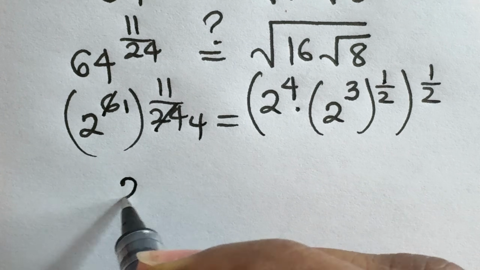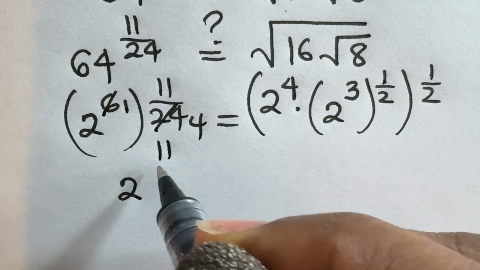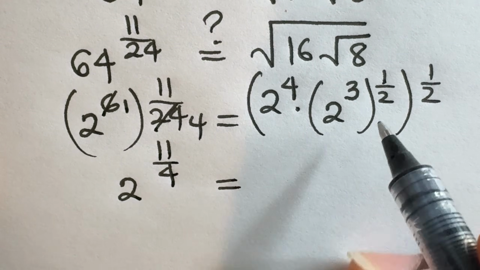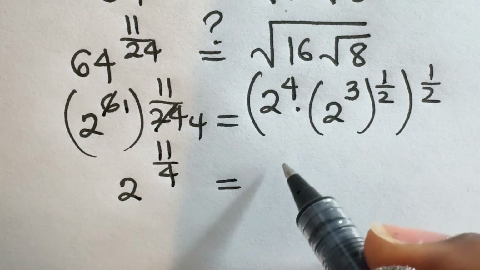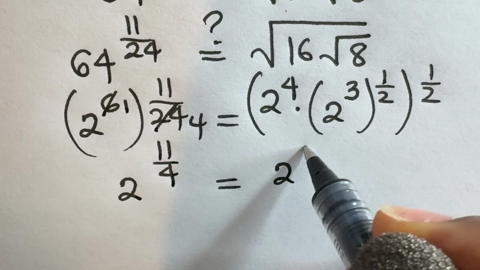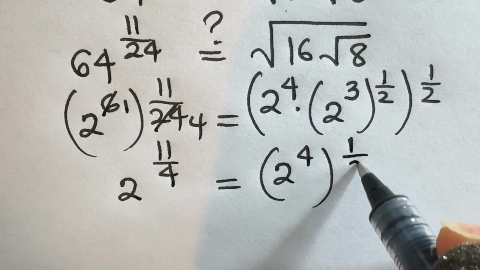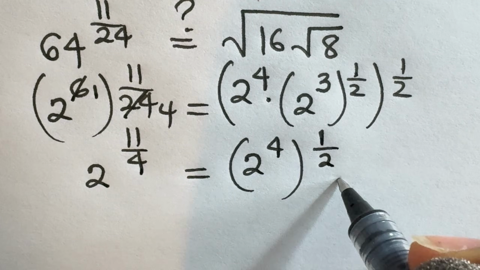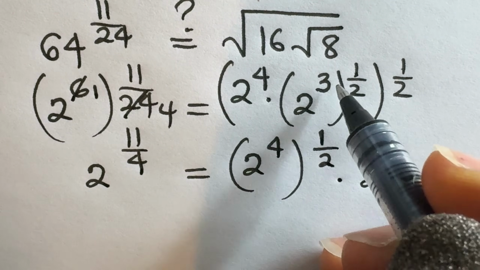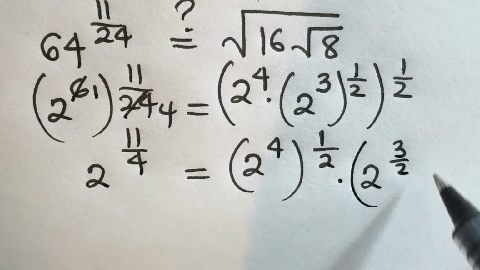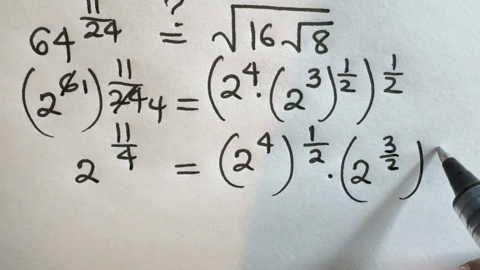So we have 2 raised to power 11 over 4 is equal to, open this bracket, this is going to be 2 raised to power 4 raised to power 1 over 2 times 2 raised to power, this will be 3 over 2, then raised to power 1 over 2.